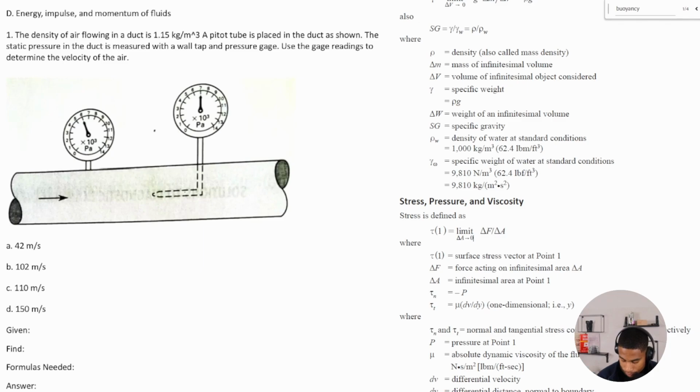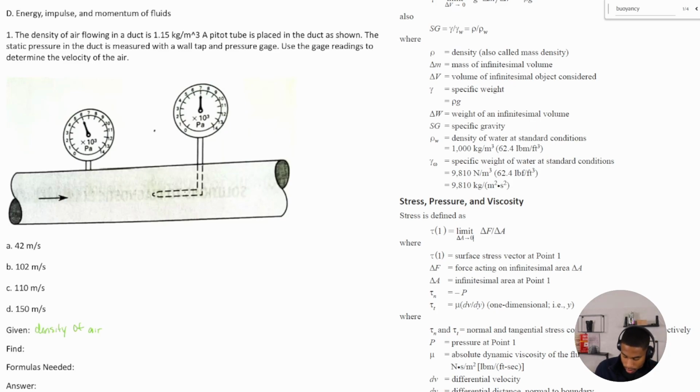All right. So what are we given? Well, we're given the density of air. What else are we given?